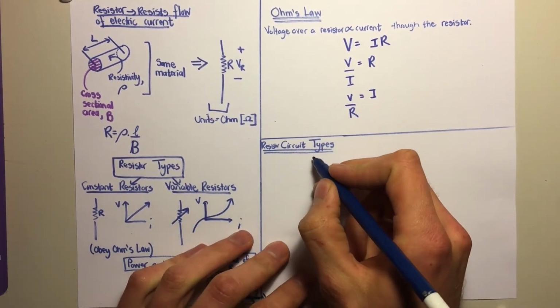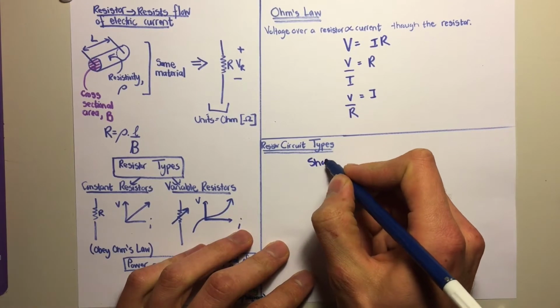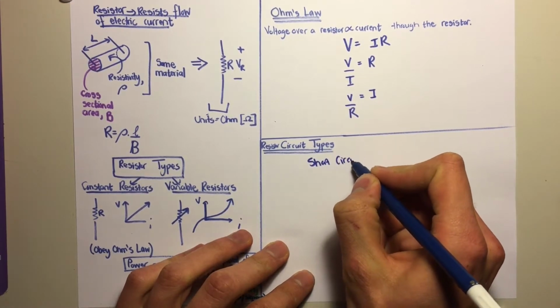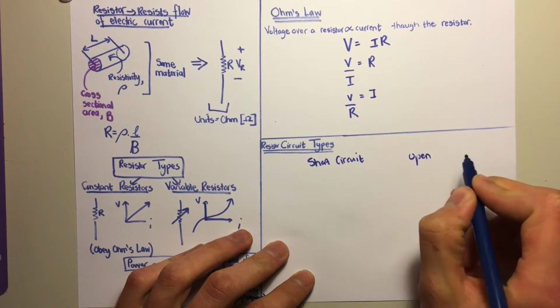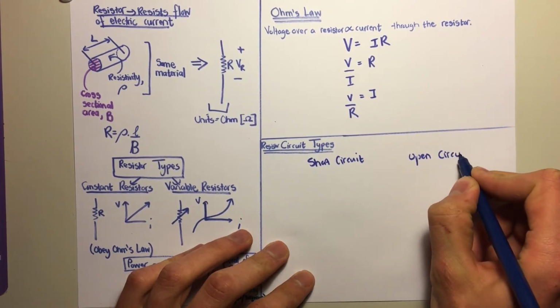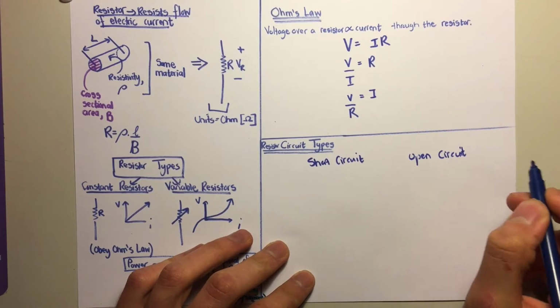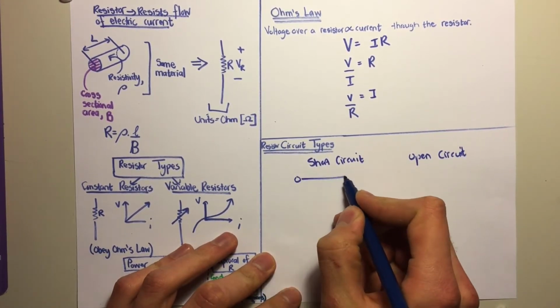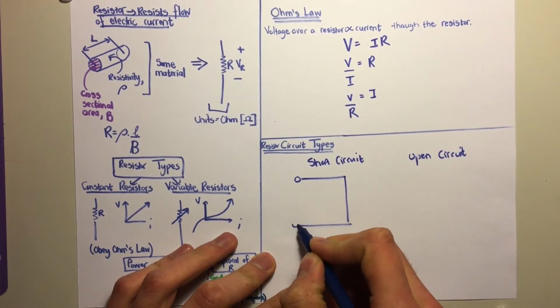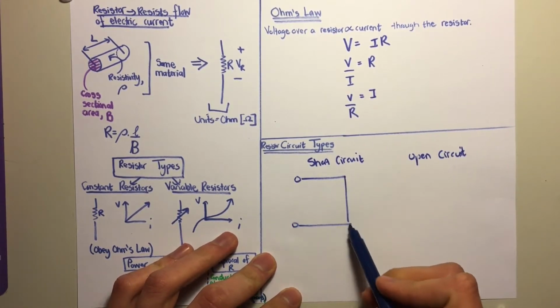You either get a short circuit or an open circuit case. Of course, there are in-between cases, but I'll explain now. So a short circuit is something like this. As you can see, current would just be able to flow straight through.